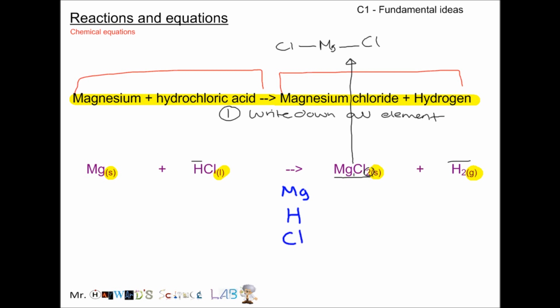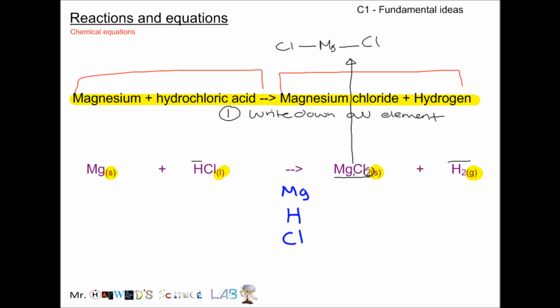Okay, so you write them down individually, even though some of them are in compounds. Now, I've only looked at the left side, but it is chemically and physically impossible, like I said before, to produce anything that we don't start with. So I know I've only got magnesium, hydrogen, and chlorine on the left side, so I'm only going to have magnesium, hydrogen, chlorine on the right side. If that's not the case, then the equation is wrong.